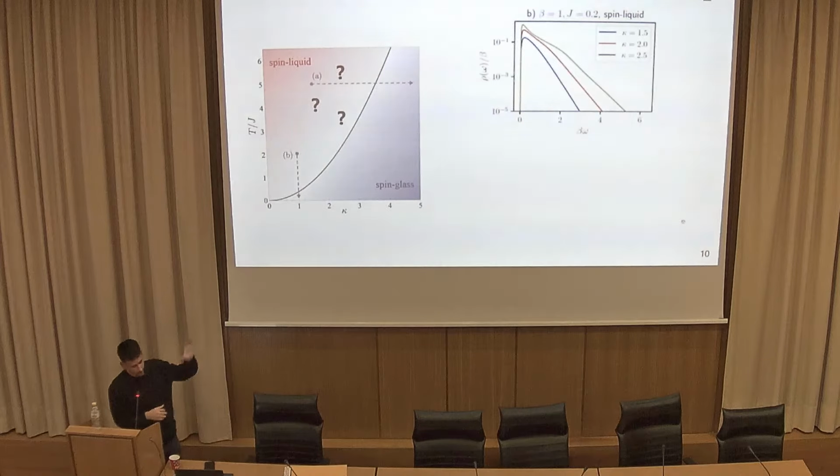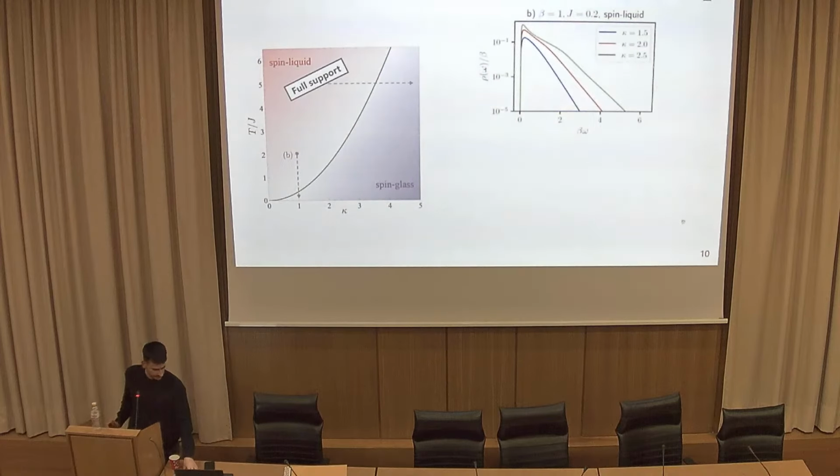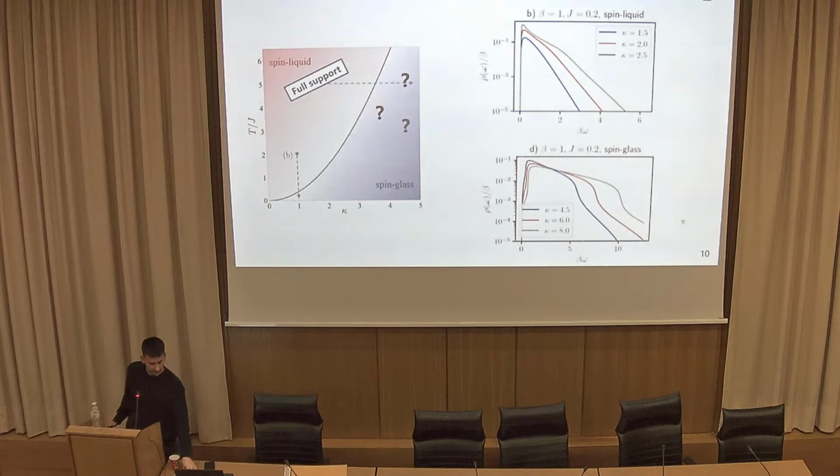Starting from the spin liquid phase, this is a log plot, and indeed we see straight lines, which means exponential decay and full support, which is not surprising. Now we enter the spin glass phase, and we see that the behavior changes.